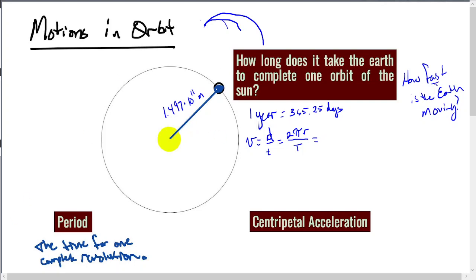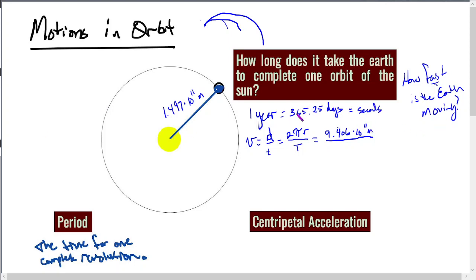And that winds up being 9.406 times 10 to the 11th meters. And we're going to divide that by our period, which is our number of days turned into seconds.